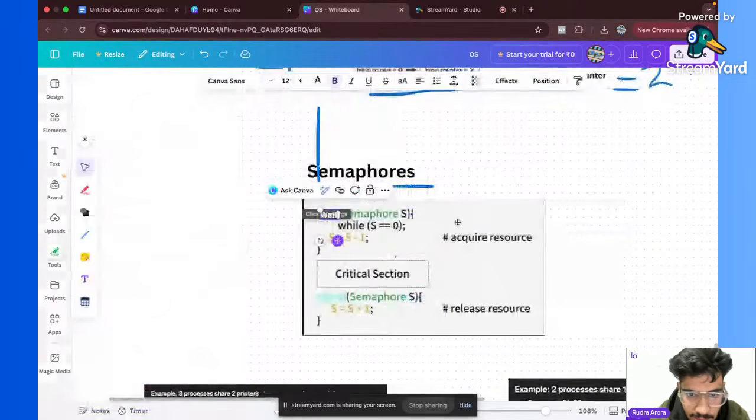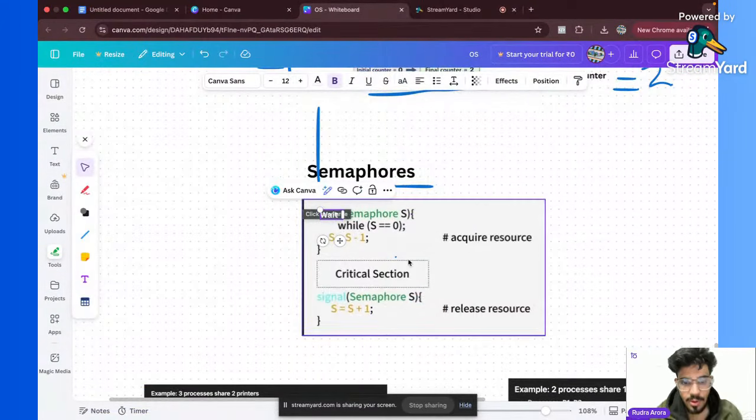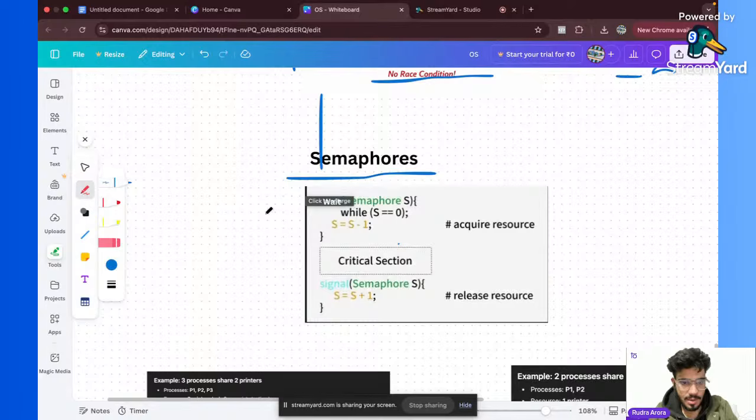Here it is written that it is wait semaphore, or I can just write that this is referring to the wait. This is actually the more logical part, so keep your logical mind open for now.